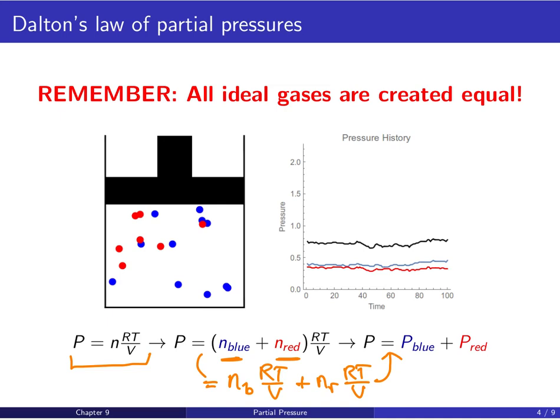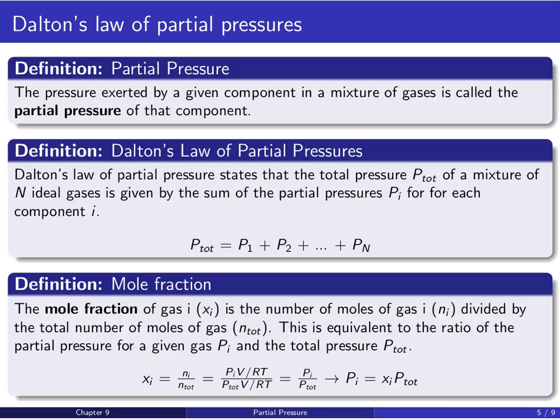Okay, so hopefully in exploring in this way, this is a rather intuitive result. And it turns out that this result right here is in fact what we call Dalton's law. And those pressures that we found for the red and blue atoms are what we call partial pressures.